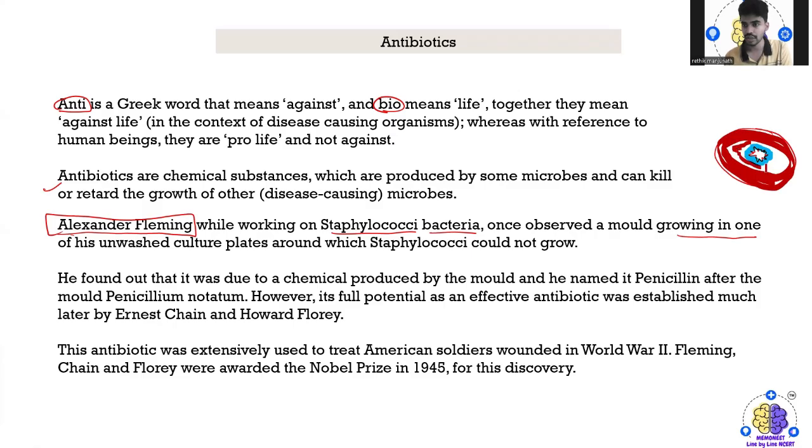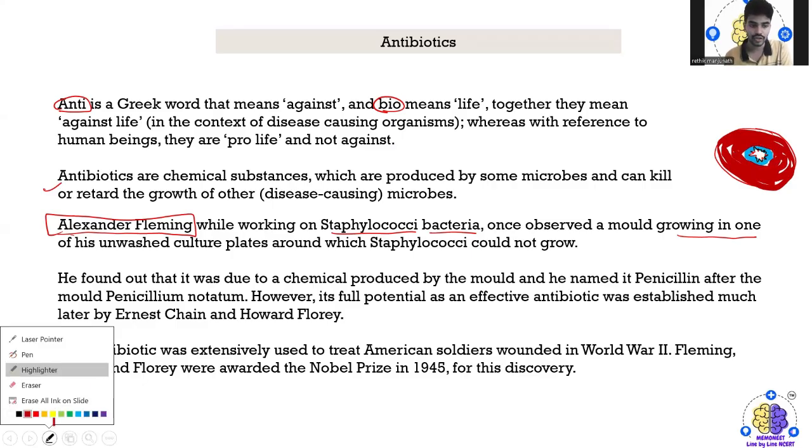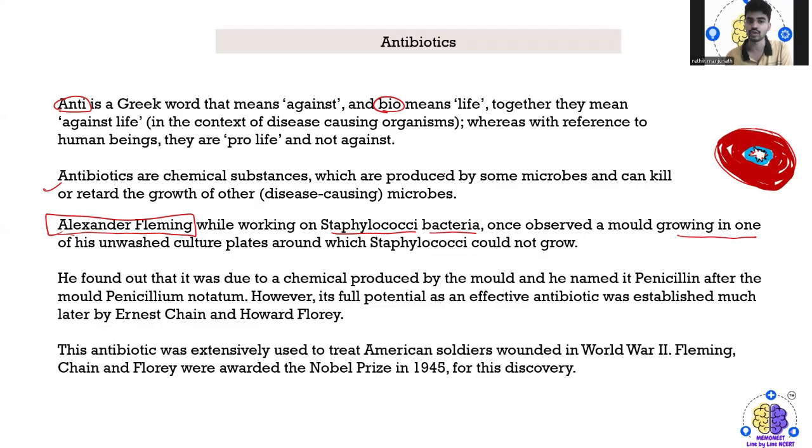In the entire plate, he could see the growth of that specific organism, but around where the mold was grown, there was no growth. That means this specific thing was resisting the growth in that unwashed culture plate, where the staphylococci could not grow.